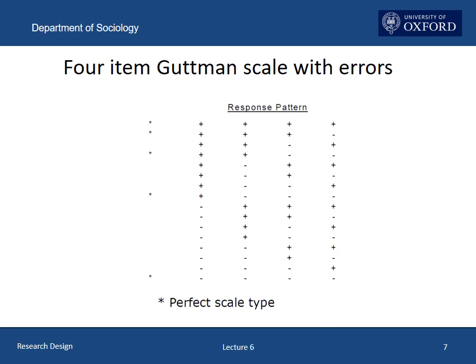Population heterogeneity in the way the items are understood could also be another reason. Occasionally one sees Gutmann scales being employed in social surveys, but these days they are becoming a rather rare occurrence.